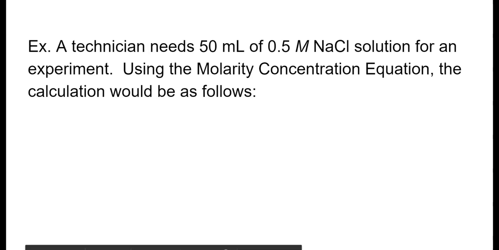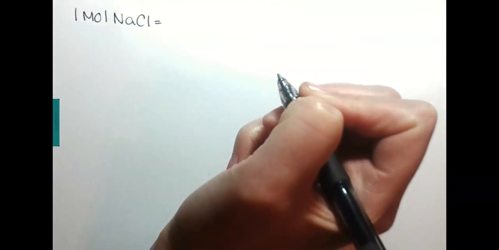Okay, so let's see what information I have. So 1 mole of NaCl, or sodium chloride, or table salt, whichever you want to go with, is 58.5 grams. And again, I just got that off the periodic table.